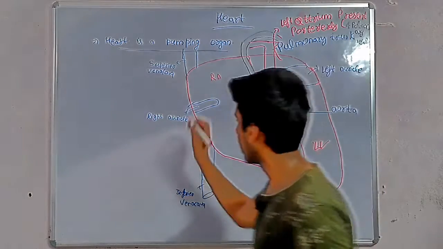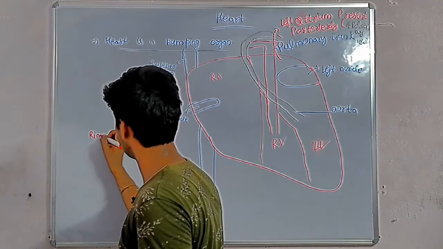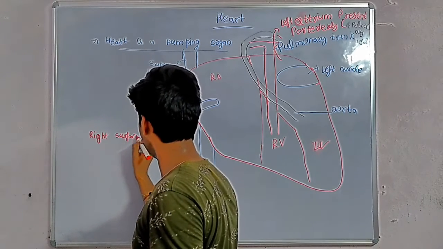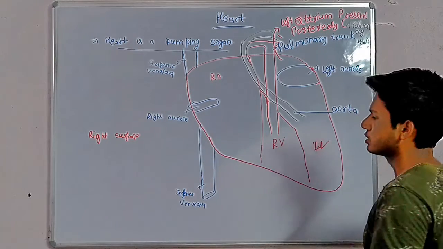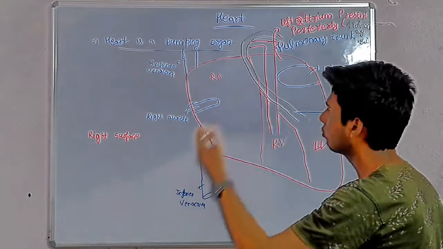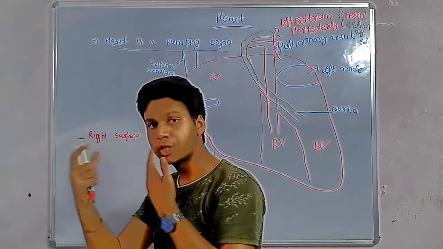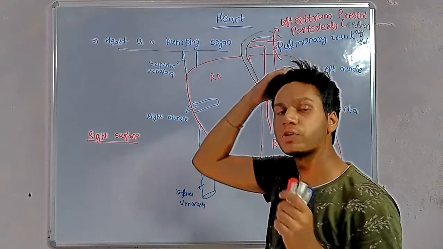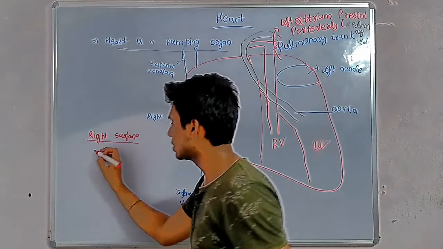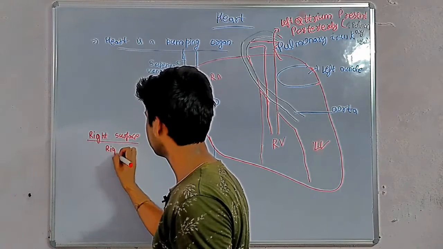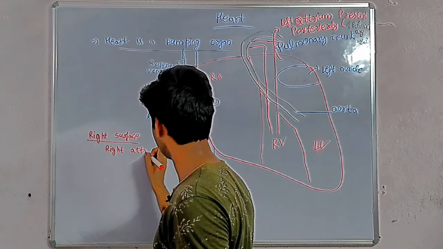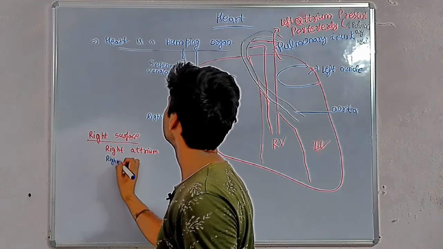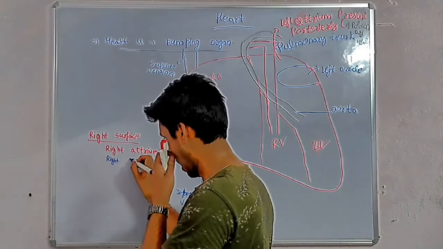So first cover the right border. So the right surface. The right surface is the one which faces towards the right side and is attached to, or faces, the right lung surface, the right mediastinal surface of the lung. So here the major portion is the right atrium, and slightly the right ventricle.